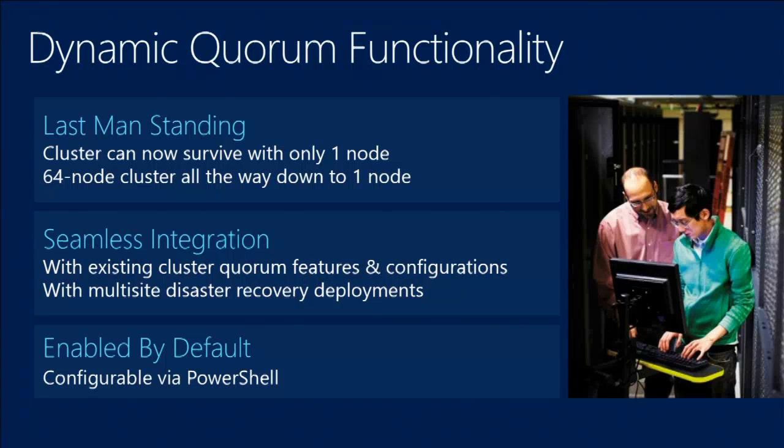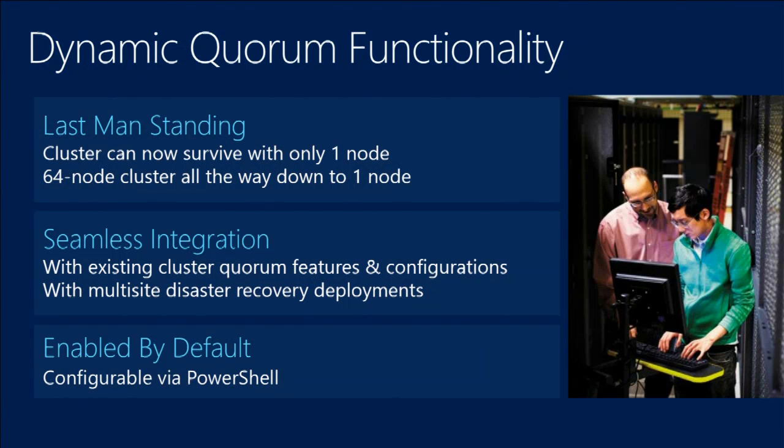Now, at what point does the cluster stop adjusting these dynamic votes? The rule of thumb is that the cluster requires the existing majority to make changes to quorum calculations. As long as the cluster has enough majority right now, it can reduce the majority for the next step.